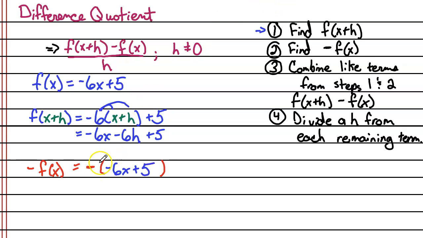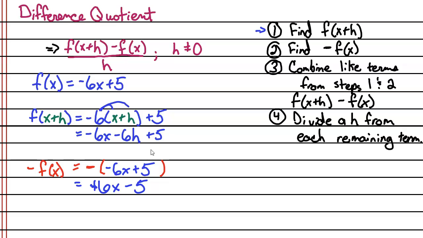All I've done is plugged in a negative, and then I've put in my original function, which is what this is saying. I'm going to subtract the original function. Then I'll distribute that negative sign to each of these. So I'll get a positive 6x minus 5.